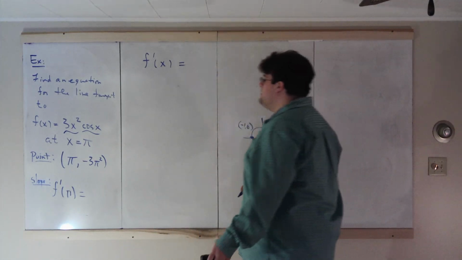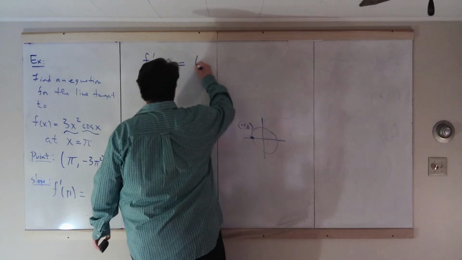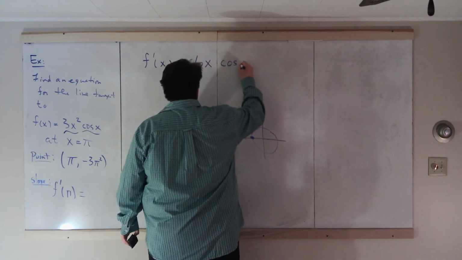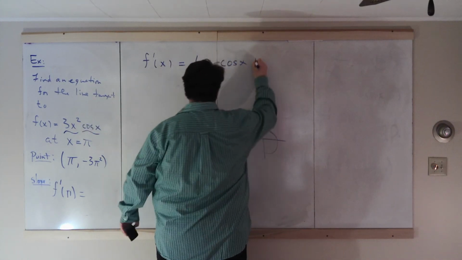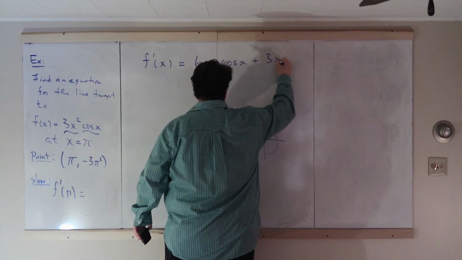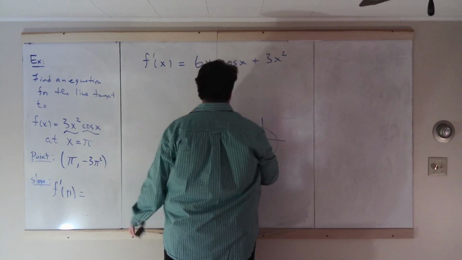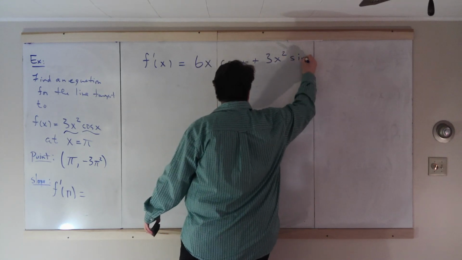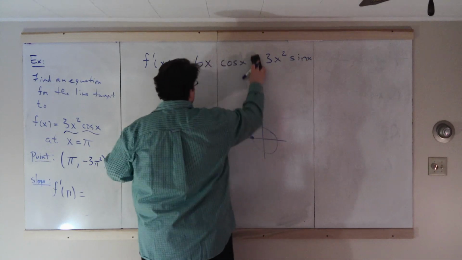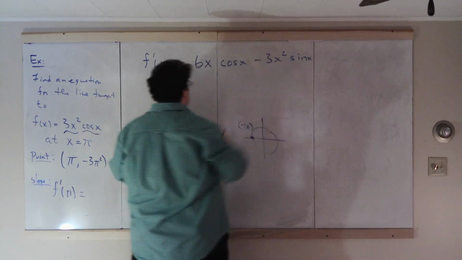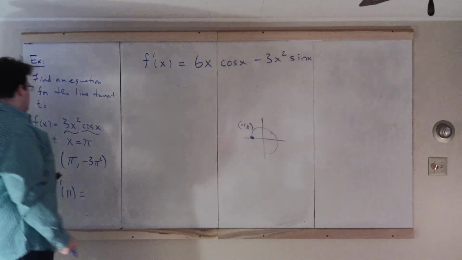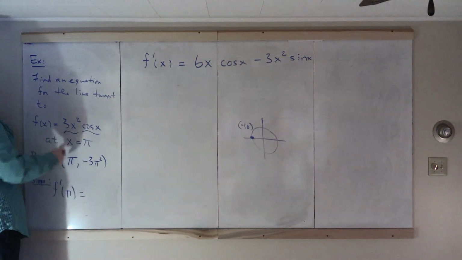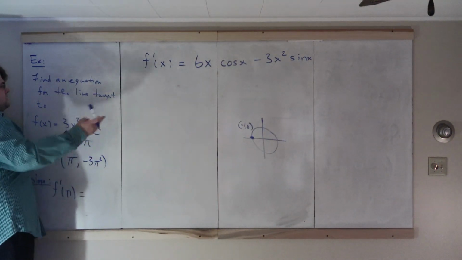The derivative of 3x squared is 6x plus, what's the derivative of cosine? Derivative of cosine is negative sine. And I'm going to put that negative out in front.